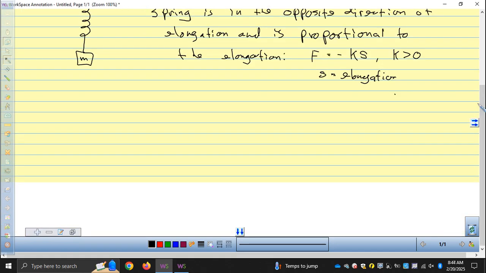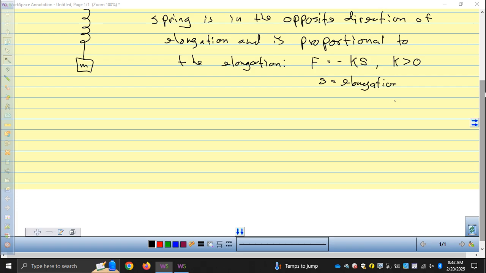So now we're going to apply Newton's second law. If we pull the mass down or push it above equilibrium position and let it go, it's going to start moving. So we have some acceleration. So we're going to apply Newton's second law.